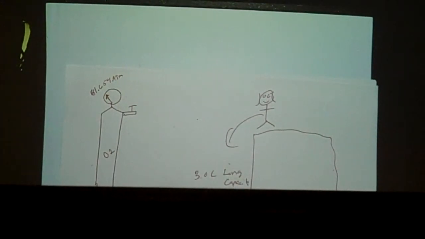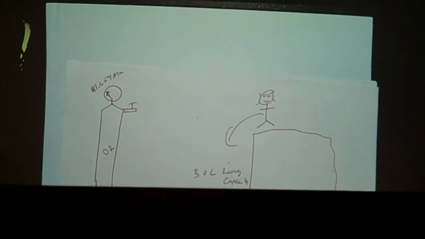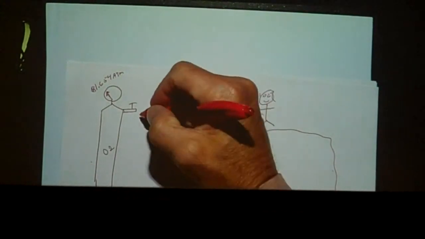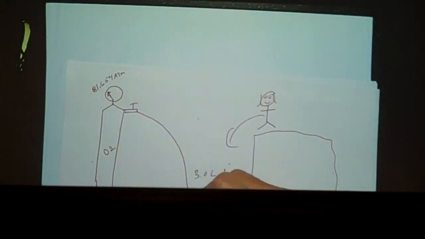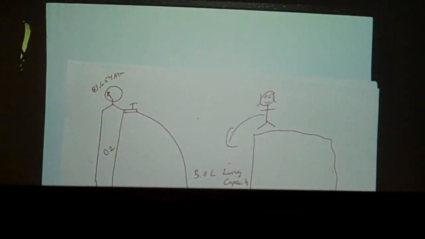Now, one thing dangerous could happen, because what we're going to use is this pressurized oxygen tank. We're going to put a mask over her mouth and her nose, and force air into her lungs, and expand her lungs back to 3.0 liters. If we go any larger than 3.0 liters, what happens to Lexi?